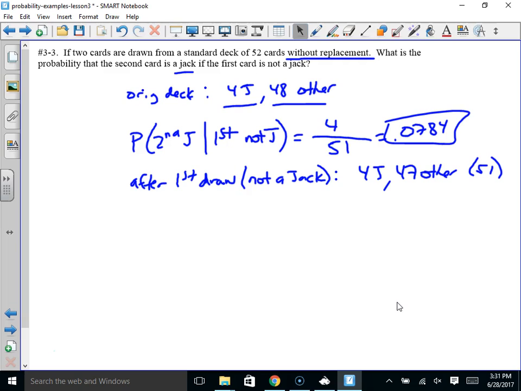Remember, you have to take into account the idea that one card was removed, and it's not about the probability of any specific thing related to the first card. It's just that the first card affects this 51 number, the denominator. All right, let's move on to the next one.